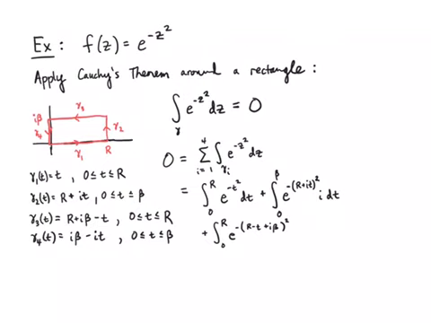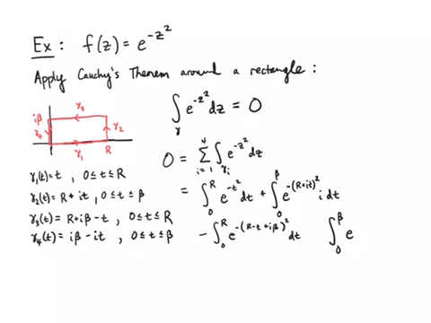Okay, all that for the minus sign. And the fourth one, we'll have an integral from 0 to beta. We have e to the minus z squared.